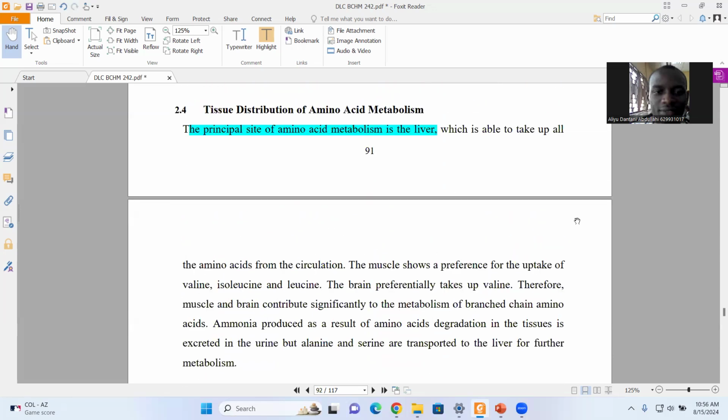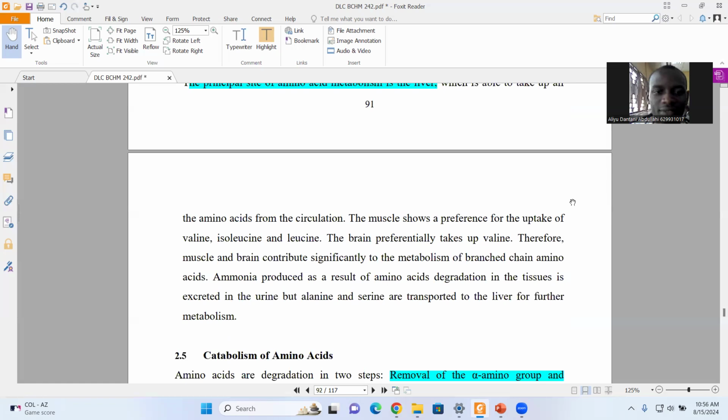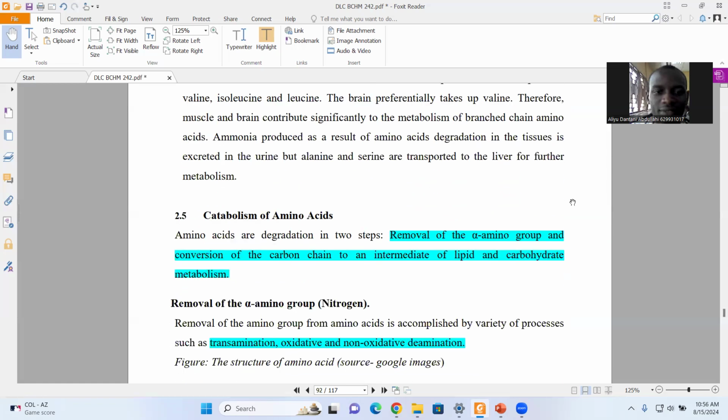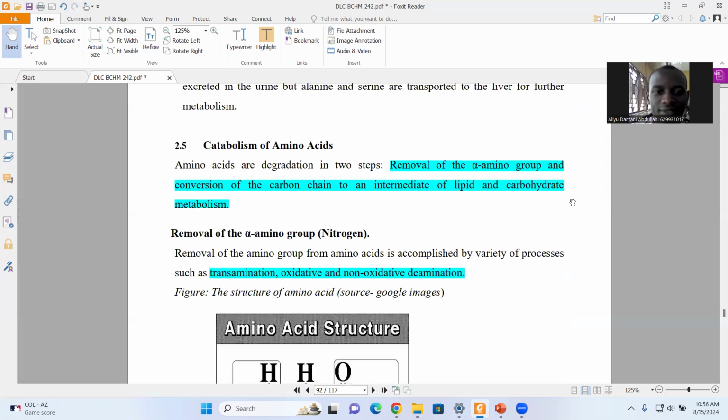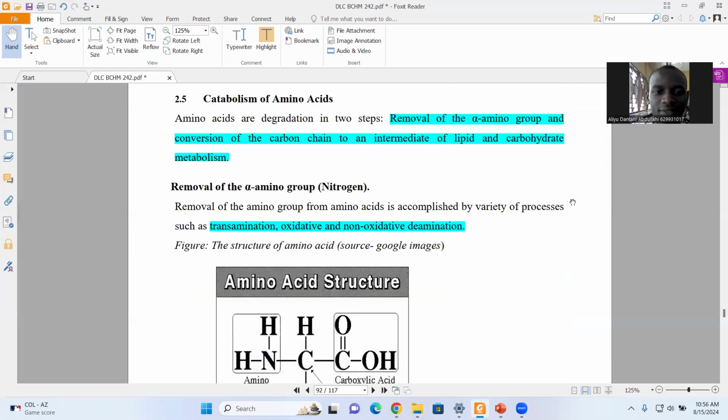Okay. So tissue distribution of amino acid metabolism. The principal site of amino acid metabolism is the liver, of course. Okay. And then we talked about the breakdown of amino acids.